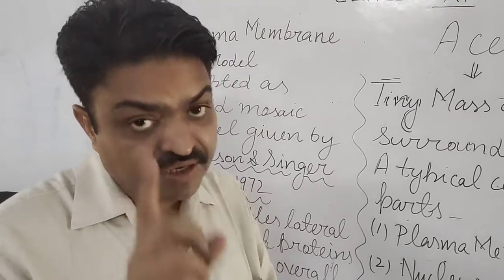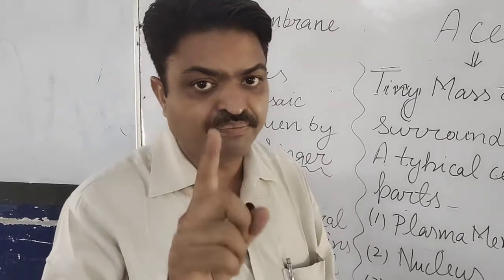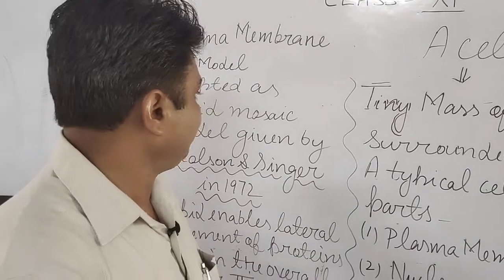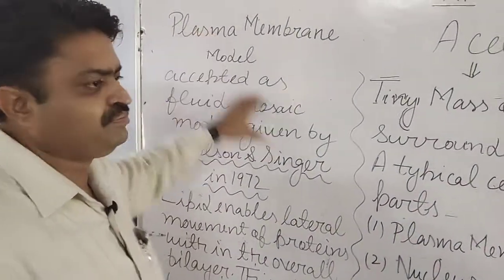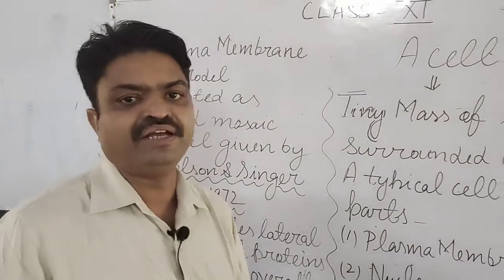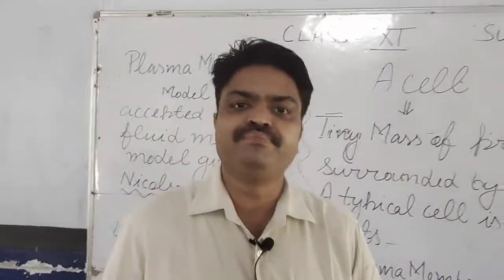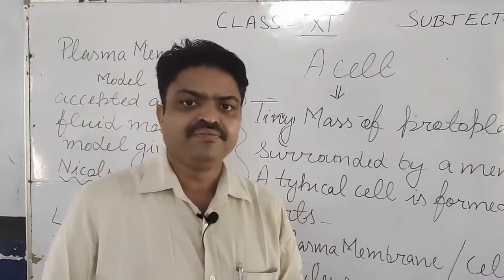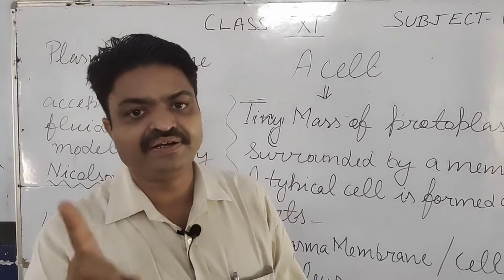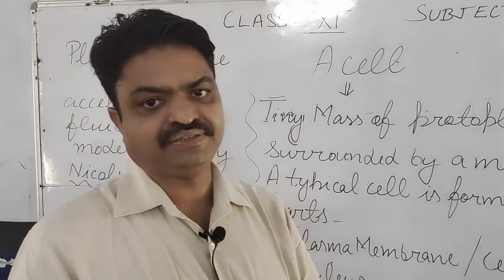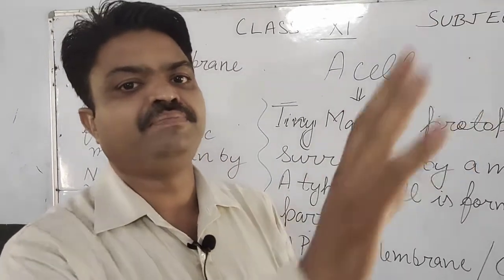So you will learn the composition of the plasma membrane. It is also known as a selectively permeable membrane because it allows the exit and entry of substances like a gatekeeper.